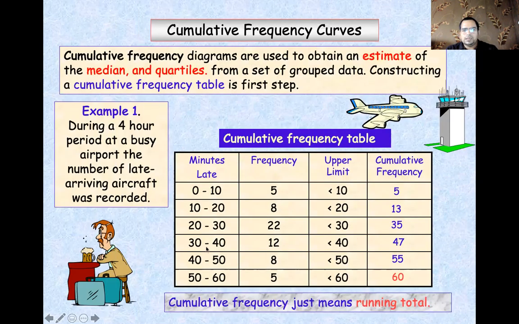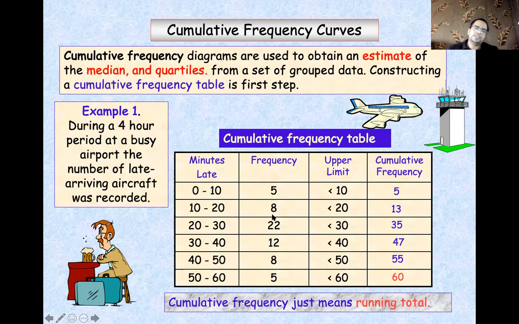And less than 40, there are 47 flights. Less than 50, there are 55 flights. So it's just like you're adding all of the above. Less than 50 includes everything from 0 to 50. Less than 60 includes all of the flights that arrived between 0 to 60 minutes late. So in total, you have the last value that says that 60 flights have been sampled here.